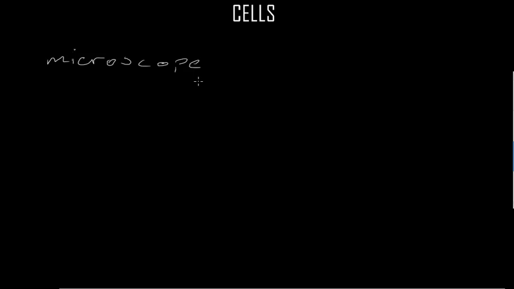Microscopes are used to magnify bodies and organisms, so that we can investigate and view the different cells that make up organisms. So you can't see cells just by looking with your naked eyes.